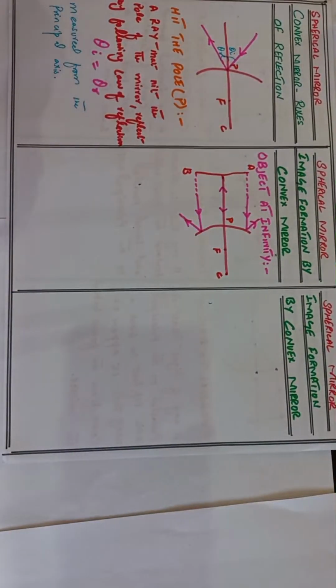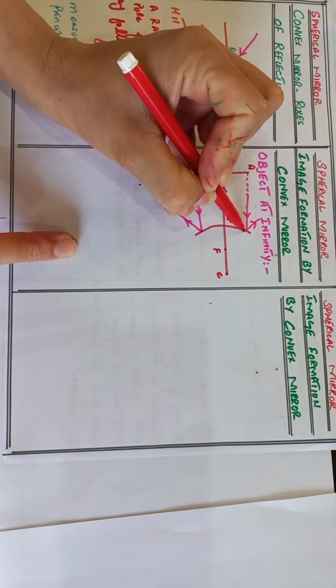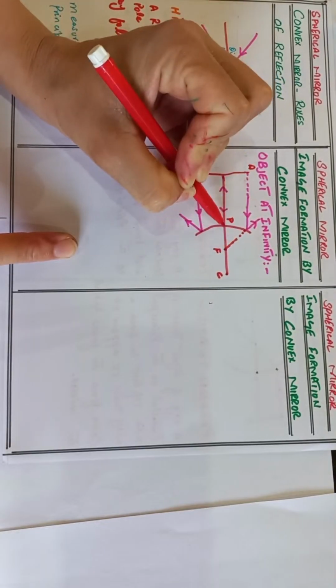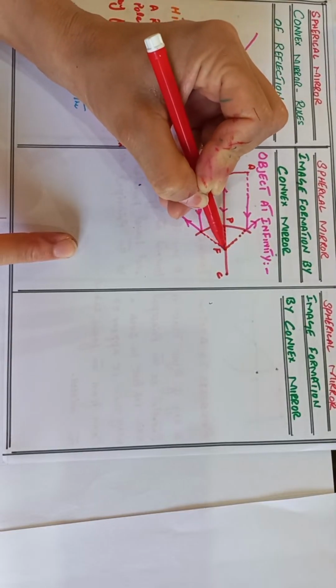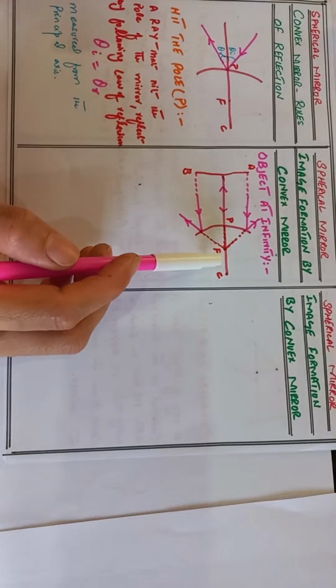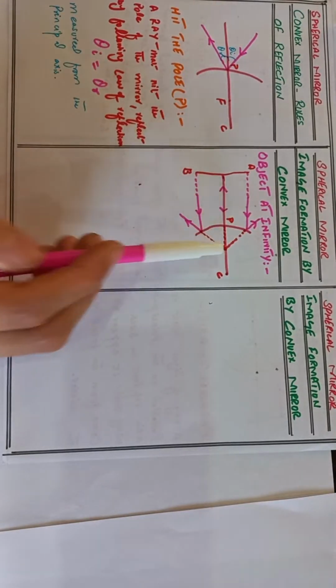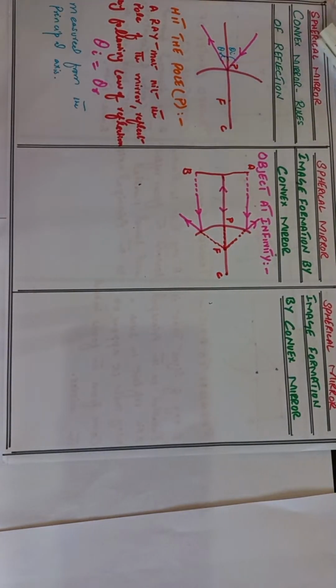Okay, now we trace the rays back behind the mirror such that they come from the focus of the mirror. They meet at the focus of the mirror. So our image is formed at the focus of the mirror.